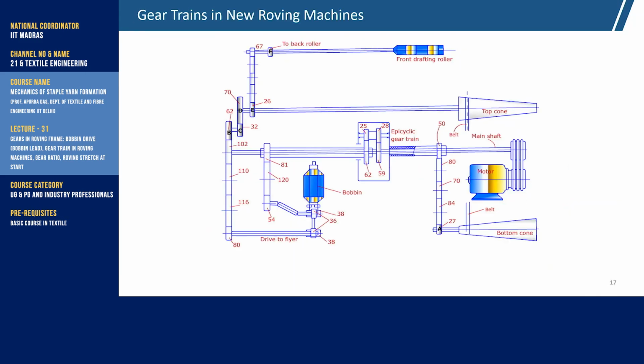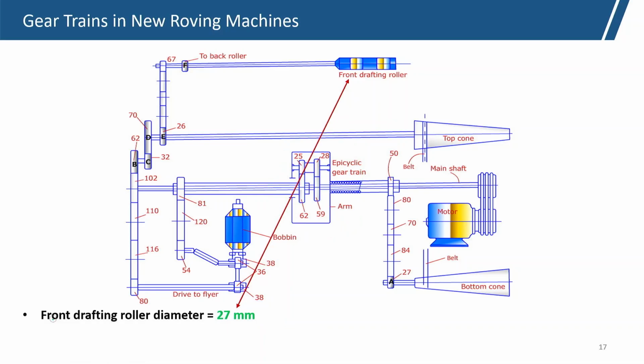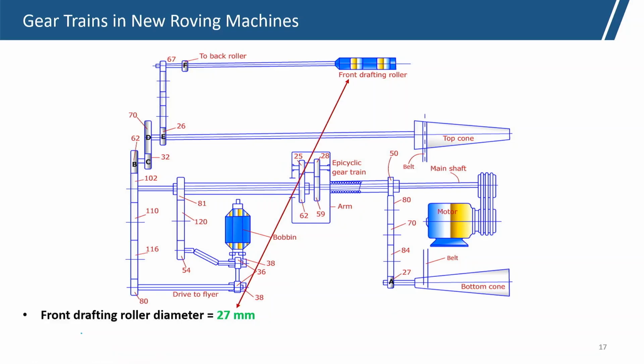Now, this is the total arrangement of the drive, and here is the gearing arrangement of the epicyclic gearbox. We will use these with the assumption that this is the arm. The front drafting roller diameter we will assume as 27 millimeter. This is real data that has been taken.